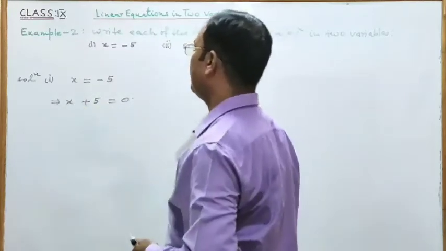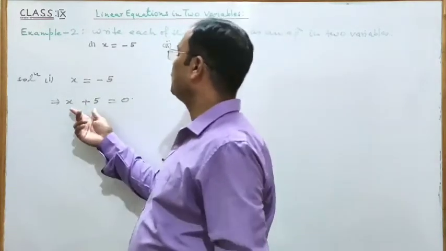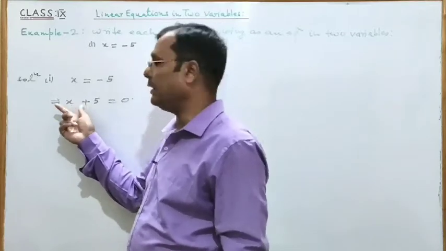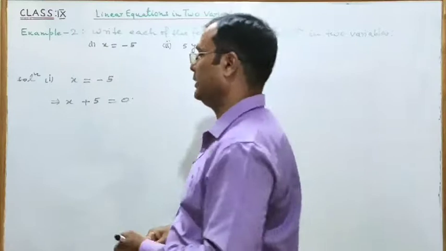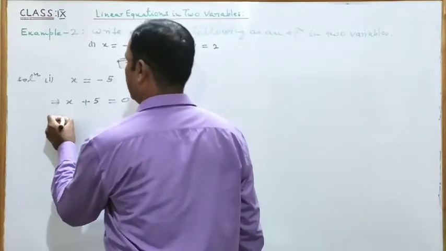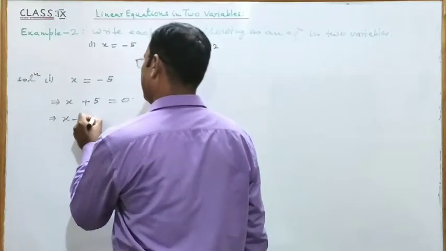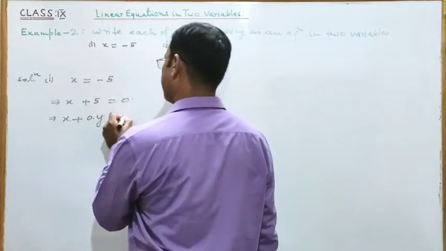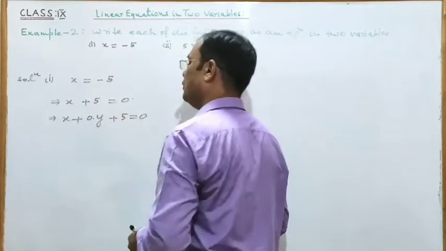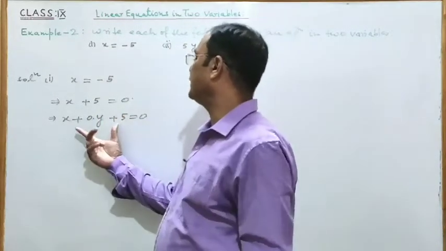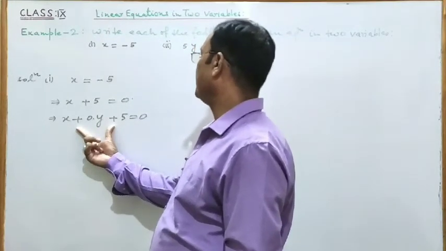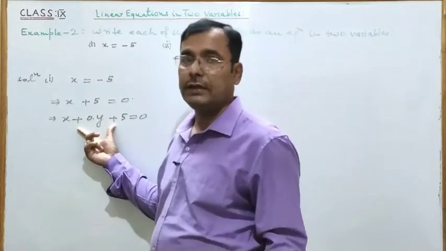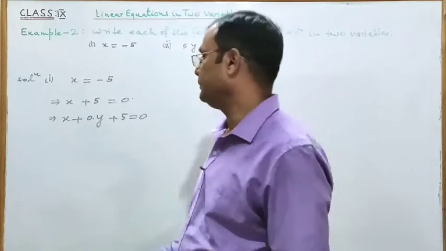Here in x plus 5 equal to 0 there is only one variable x, and we have to write this equation in terms of two variables. So this is x plus 0 into y plus 5 is equal to 0. Now this equation is an equation in two variables.